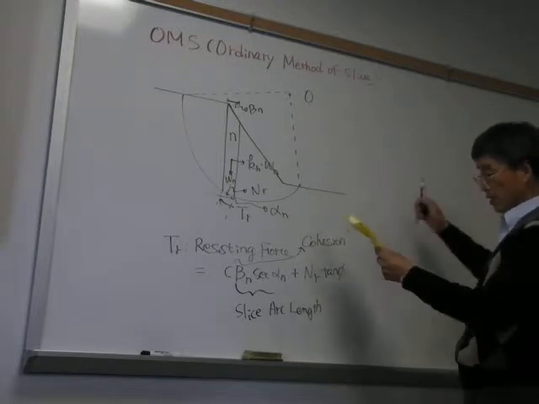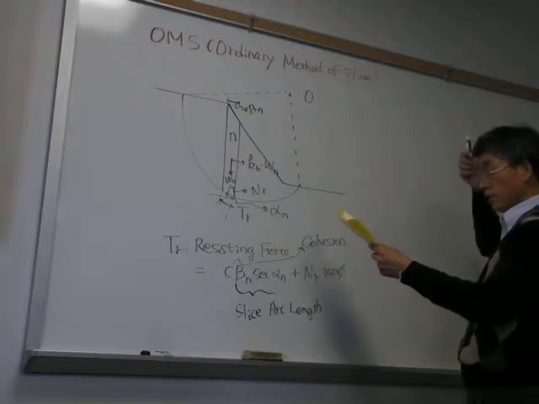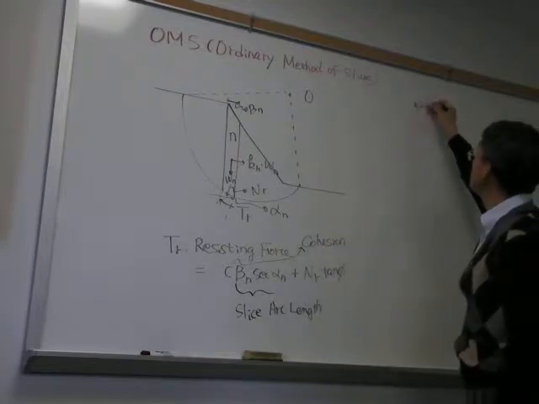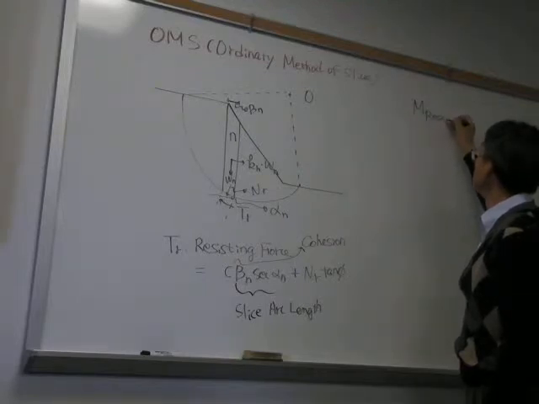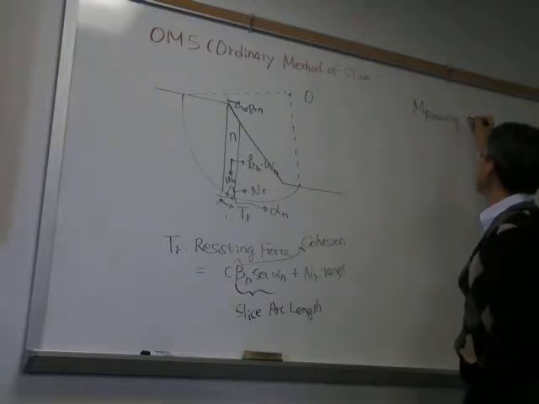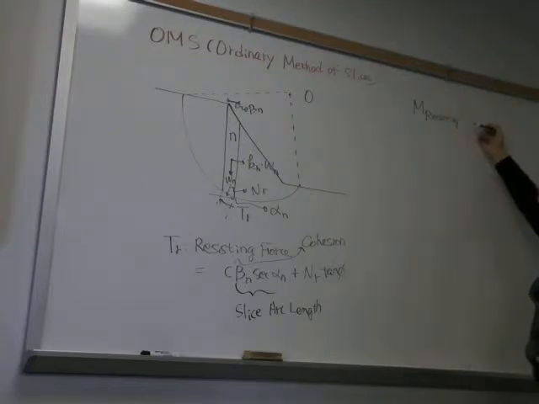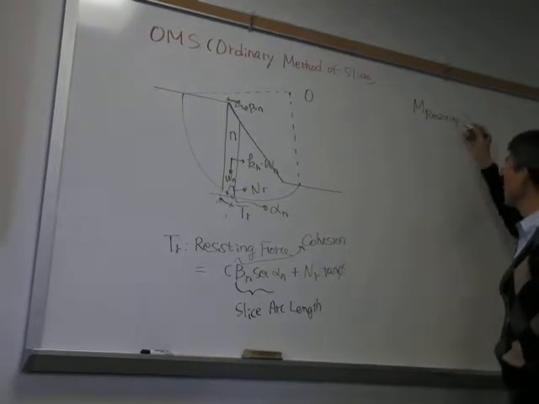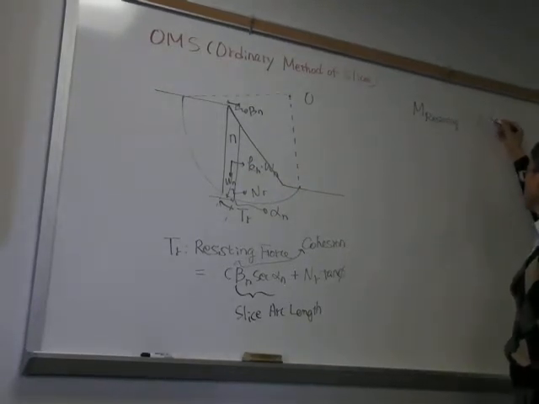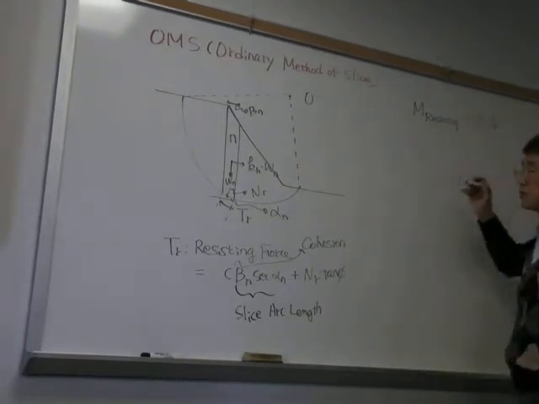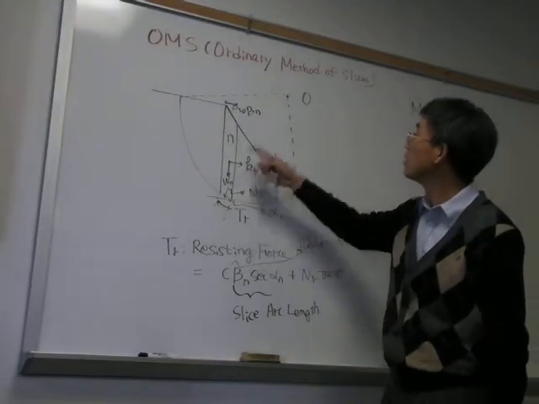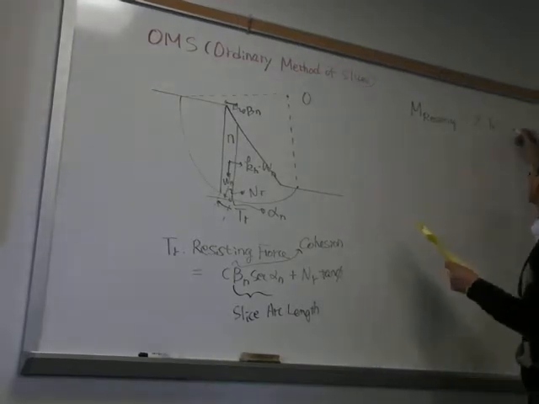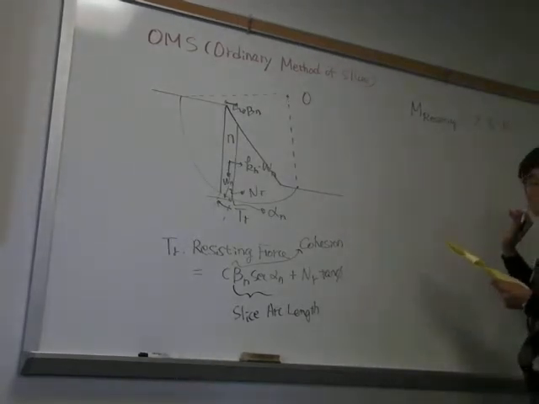And we will try to obtain the resisting moment. Resisting moment will be really what? We have many different slices, so I will say summation of TR times the radius.